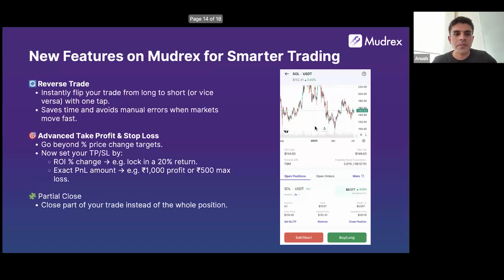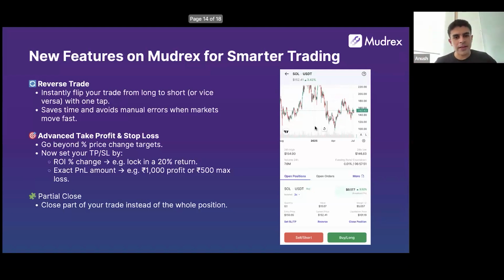Okay. The second new option is that you can set your TP and SL based on exact profit or loss amounts. So the dollar amount, right? Instead of percentages, you can now say, I want to lock in $10 in profit, or I'm willing to lose $5 on this trade, right?